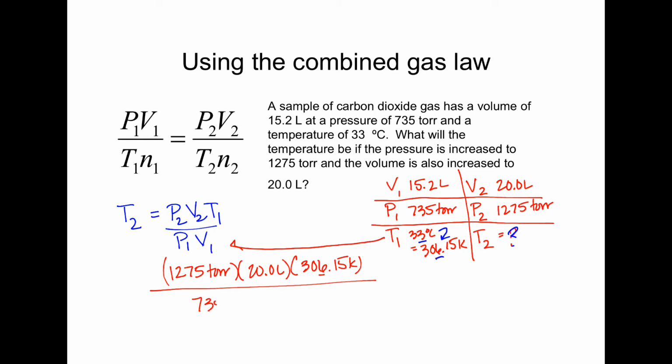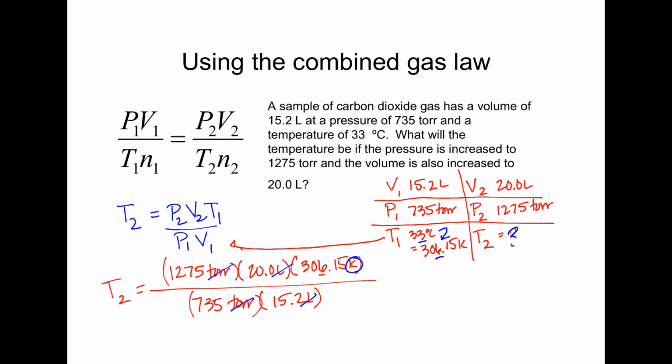P1 is 735. And V1 was 15.2 liters. I'm going to make sure I go through and make sure my units cancel, liters and liters. Okay, I'll get Kelvin out of this. That's the thing that doesn't cancel out, and I'm trying to find a temperature, so that makes sense.